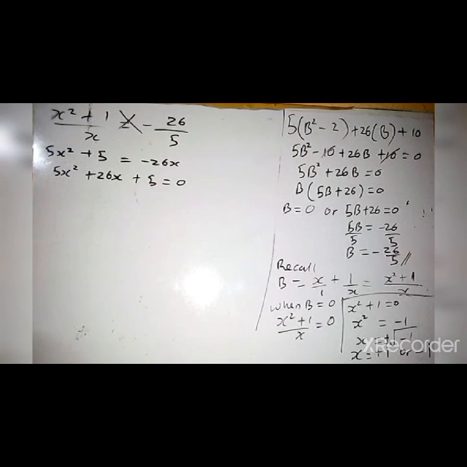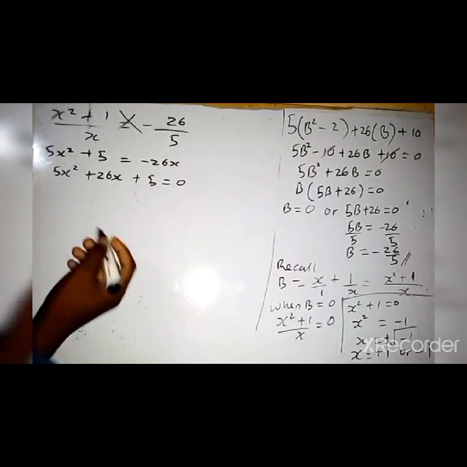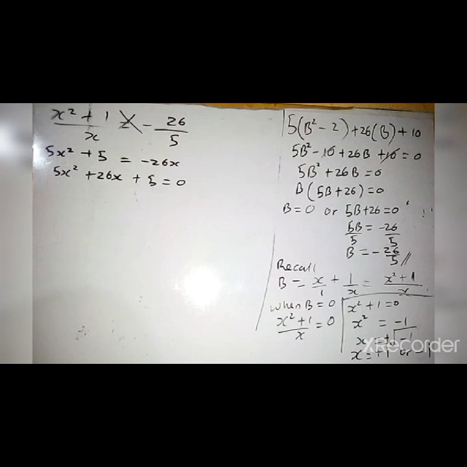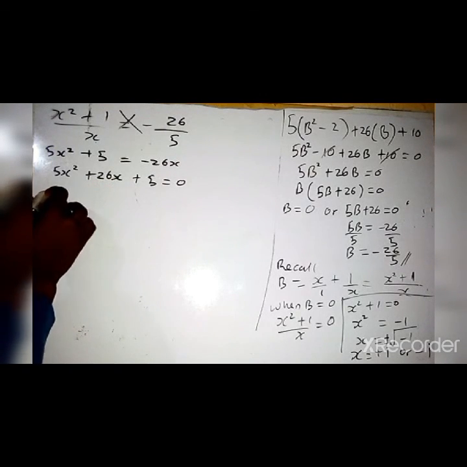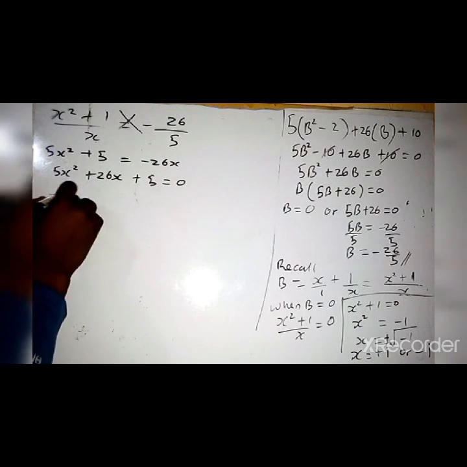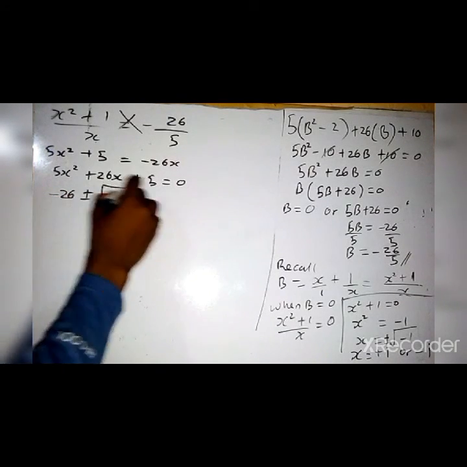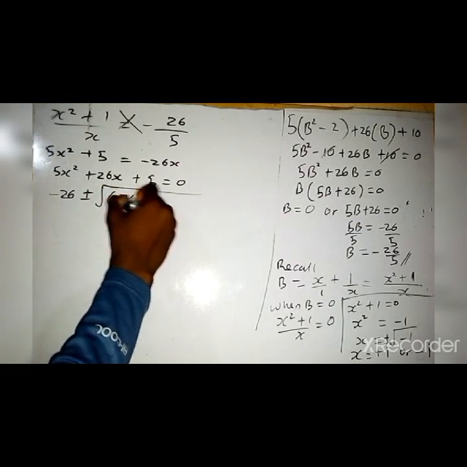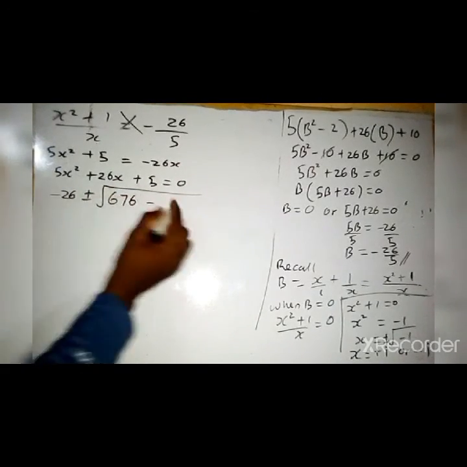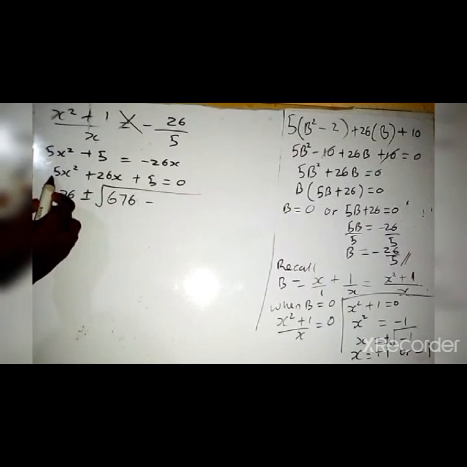So now using the quadratic formula, which is minus b plus or minus square root of b squared minus 4ac over 2a. We now have minus 26 plus or minus square root of 26 squared, which is 676, minus 4ac. These are a, these are c.